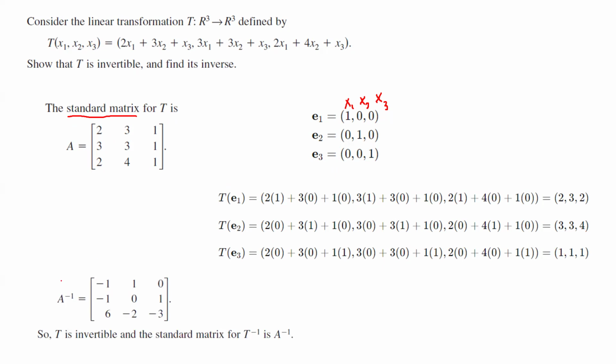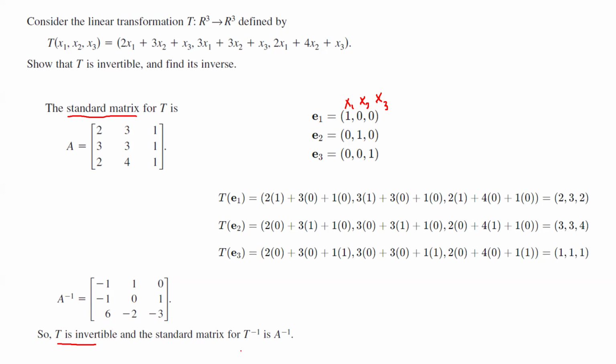Now, if you find the inverse of this matrix, the inverse of this matrix is negative 1, 1, 0, negative 1, 0, 1, and 6, negative 2, and negative 3. So for sure, since this matrix is invertible, and you could easily find the inverse of the matrix, you can say that T is invertible.